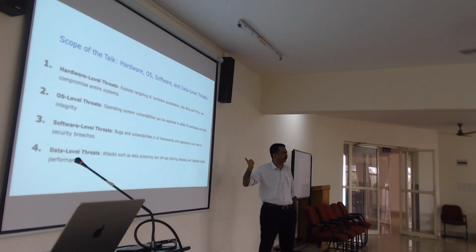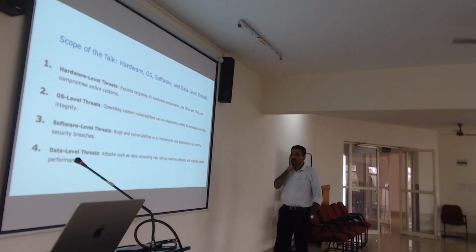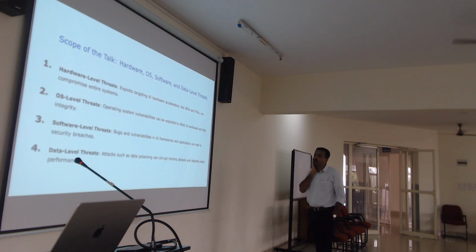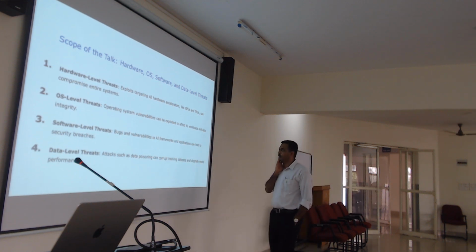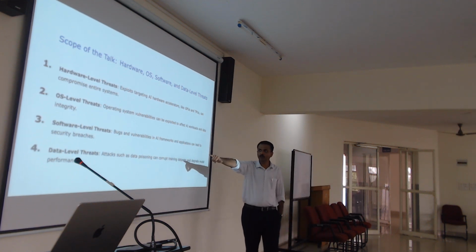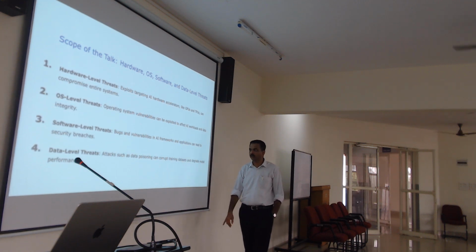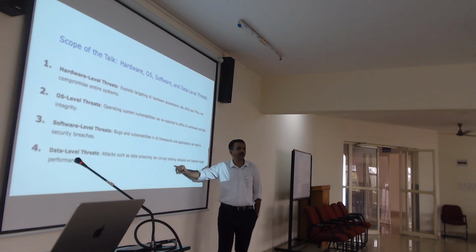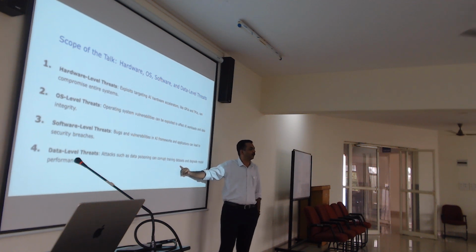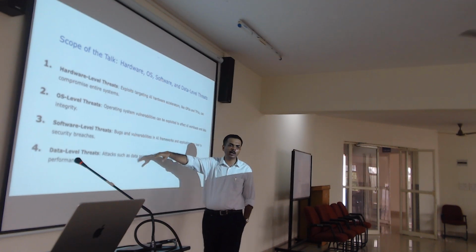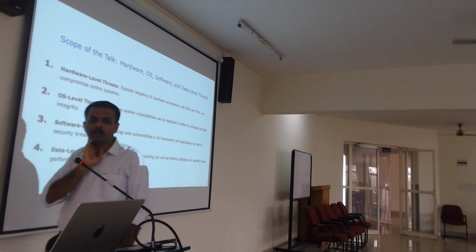I will give you some case studies on that here. Software level threats, like bugs and vulnerabilities in AI framework applications, can lead to security breaches. Then data level threats, where the training data itself can be corrupted. If your training data is corrupted, obviously your output will also be impacted. So these are the different types of attacks that happen in GenAI.